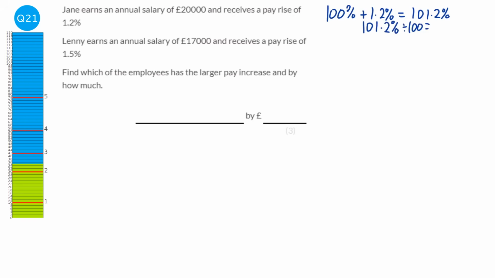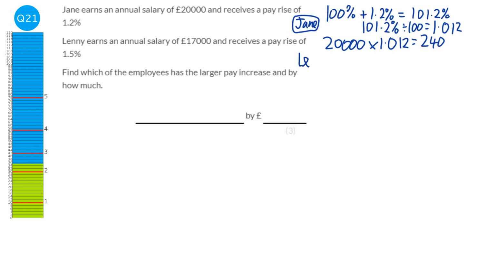So the multiplier is 1.012, so we take the 20,000 times it by 1.012, and that gives us 240. Next we do the same for Lenny, so that is Jane.